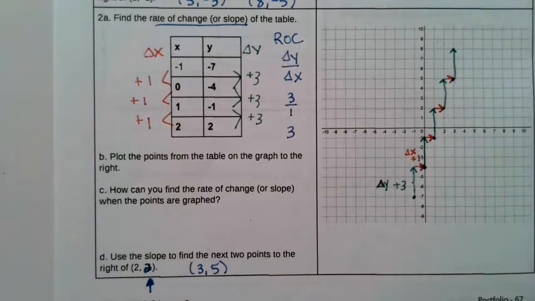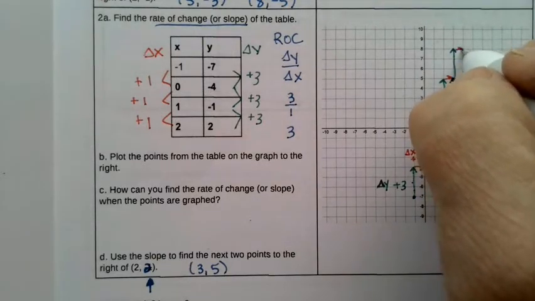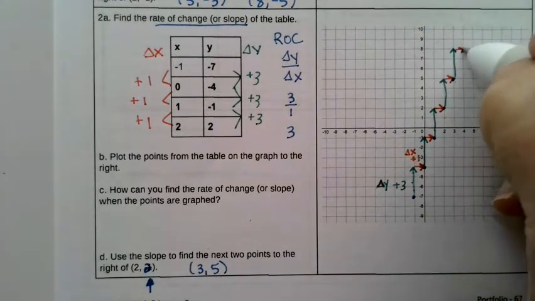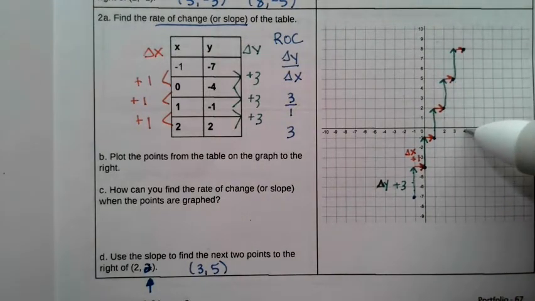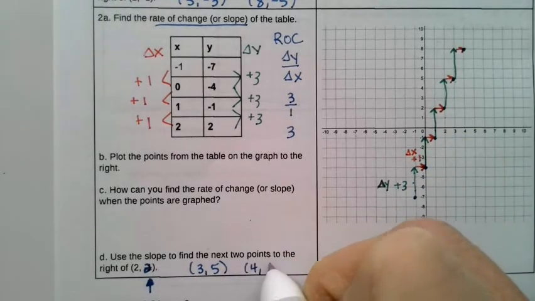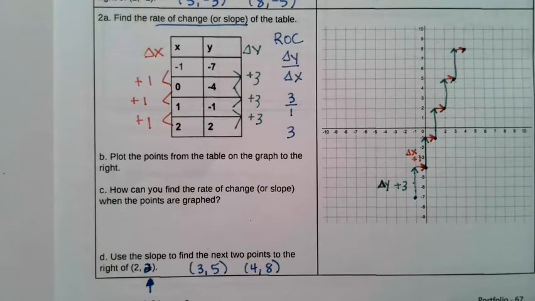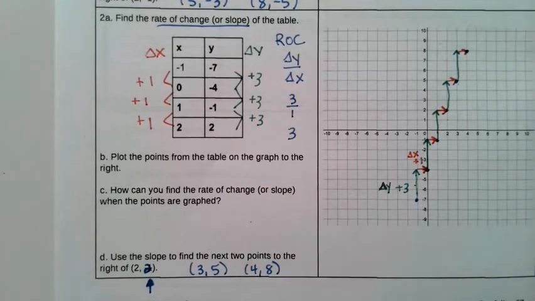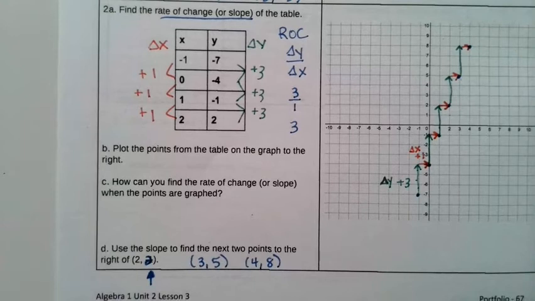So up 3, to the right 1, and that point is right here, and it's 4, 8 is the next point. So your x value increased by 1 and your y value increased by 3. So you can also see that in the points.